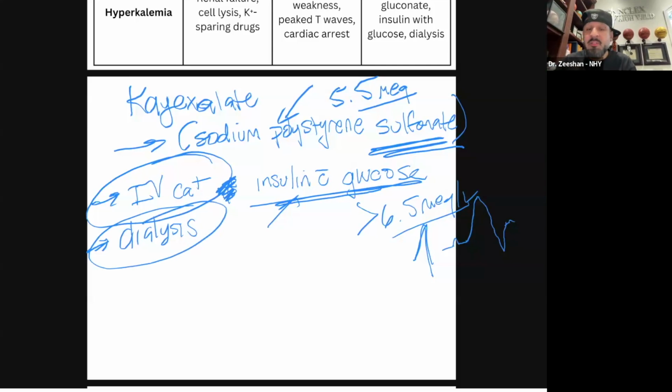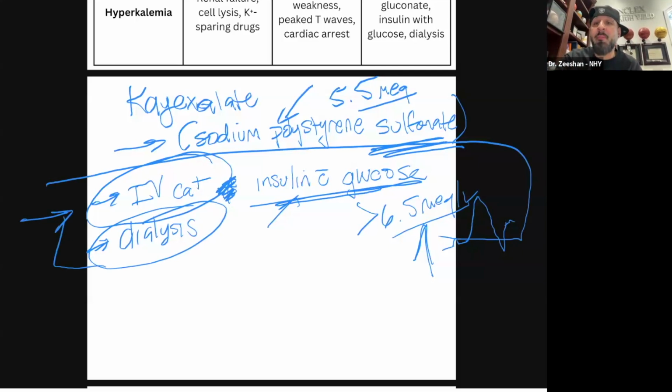Sometimes we can use a combination and throw in maybe sodium polystyrene sulfonate in conjunction with these. But in severe hyperkalemia, select all that apply, or a patient presents with a potassium level of 6.5 with peaked T waves, that's the one you're going to see first: initial priority, urgent, most concerning, immediate report to the HCP. I'm sure we've seen these on QBanks, and I know I've written questions about this.